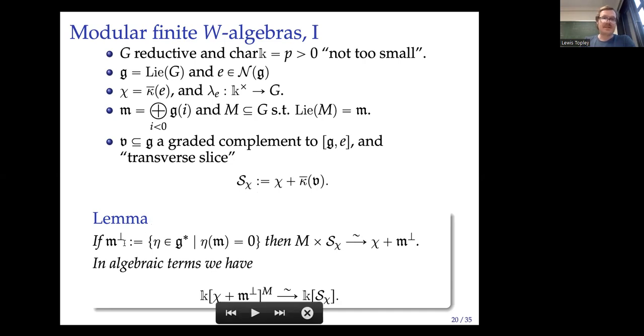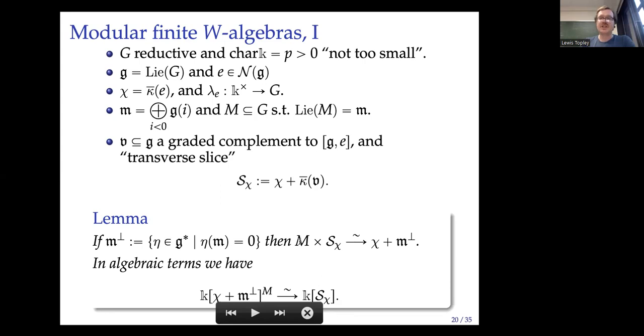Now there's a funny looking lemma here, which I'm going to have to use, which is that if you take the perp to m, which is just the linear functions vanishing on m, then there's an isomorphism between M cross S chi and chi plus m perp. This is just given by the coadjoint representation. So this is a subvariety of g star.